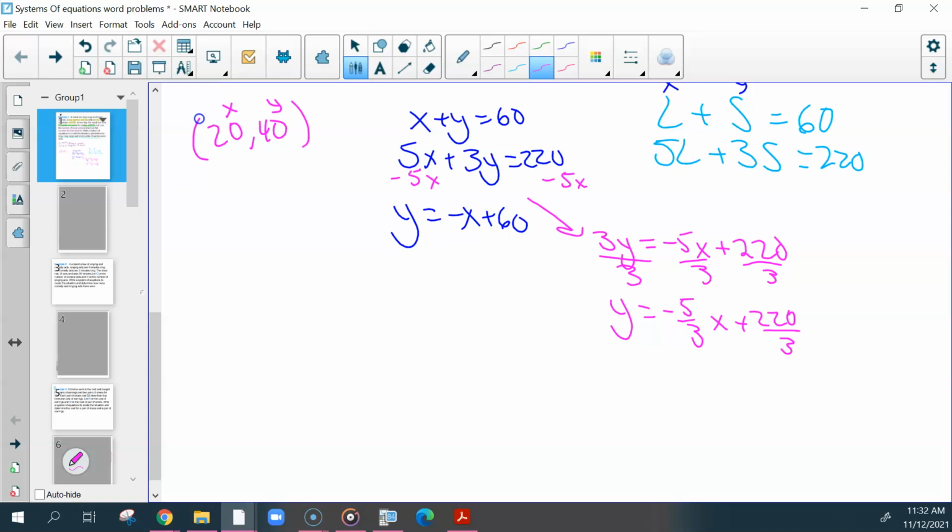And once you have your intersection point, you have to go back and put it into context. So you have to remember what your x was, what your y was. Well, our x was L, our y was S. So our L had 20 large packs of nachos, and our S had 40 small packs of nachos.